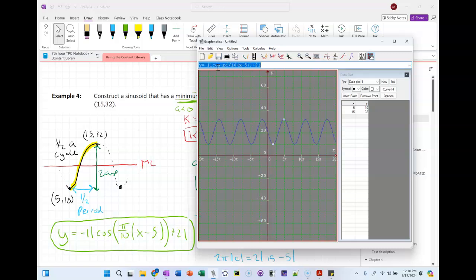Notice it goes through both those 2 points. That's all it needs to do. If I had chosen the other point to use, if I'd used the maximum instead, a would be positive and h would be 15. What do you notice when I changed it? I still got the exact same graph, right? Both answers are correct. They'll be accepted either way. No preference given. Do we feel good on that?